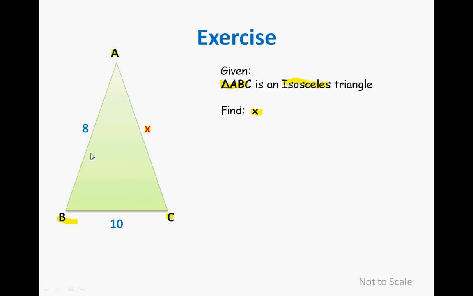If this one is 8, 10, and X, which one will it be? X equals 8, because they're opposite to each other and they're congruent. That's it, X equals 8.